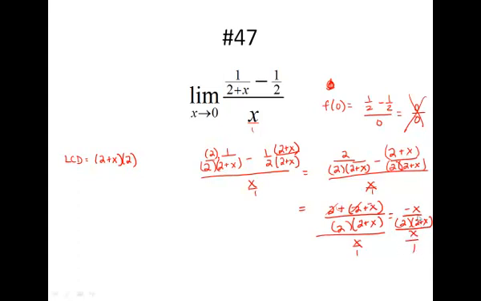Alright, so finally, here is now where I have a fraction going on divided by a fraction. So that's kind of why I wrote that x over 1. So whenever you're dividing a fraction by another fraction, why not just turn it into multiplication of the reciprocal? So we have negative x all over 2 times 2 plus x. Instead of dividing it by x over 1, I'm going to multiply it by the reciprocal of that divisor, which is going to be just taking that and flipping it.